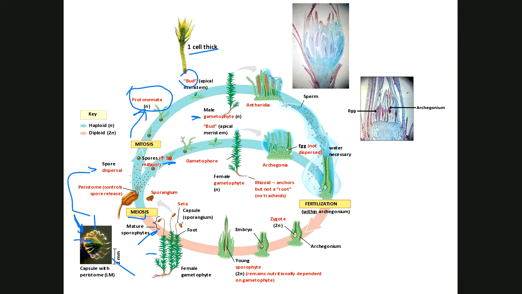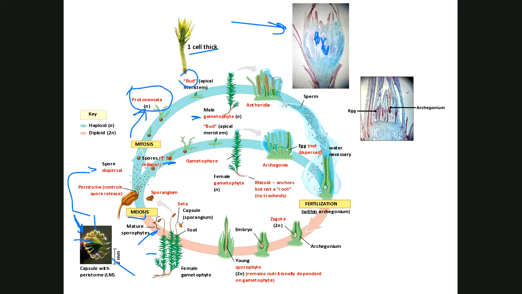Now, these pictures look familiar, right? This is what we looked at under the microscope the other day. There's the antheridia. Those are the sperm. And on the other side of the situation, we have what's growing, a female gametophyte, and the female gametophyte has the archegonium with the egg. The eggs are not dispersed.